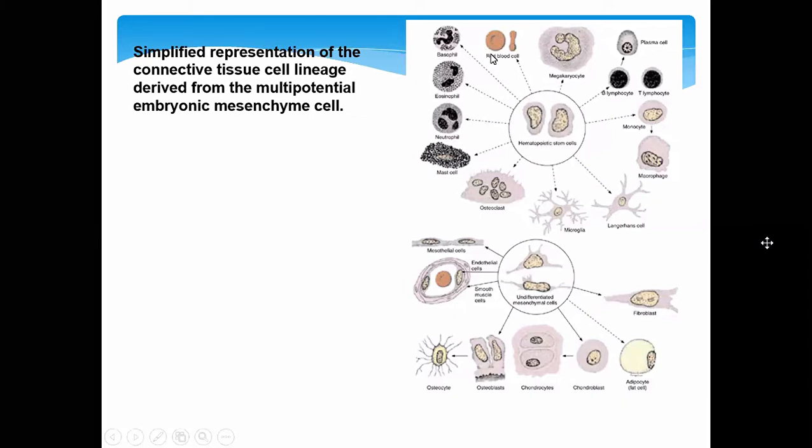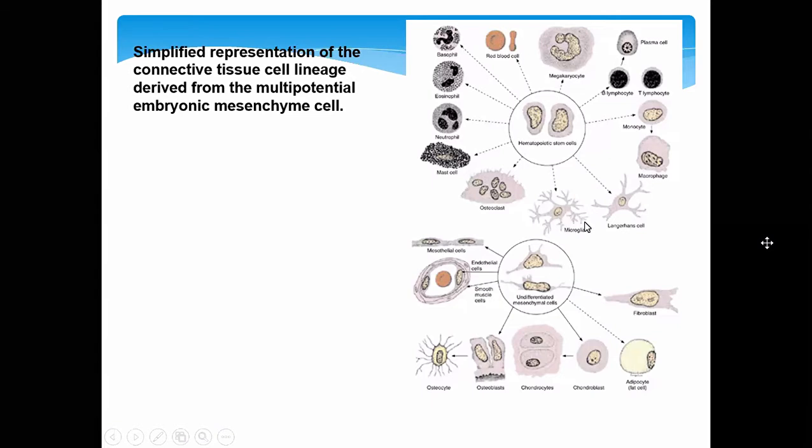You have here the red blood cells. You have here the white blood cells. You have here the megakaryocyte. You have here the osteoblast, blast meaning the coming, referring to the bones, no? And then you have here the microglia. These are in the nervous system, no?